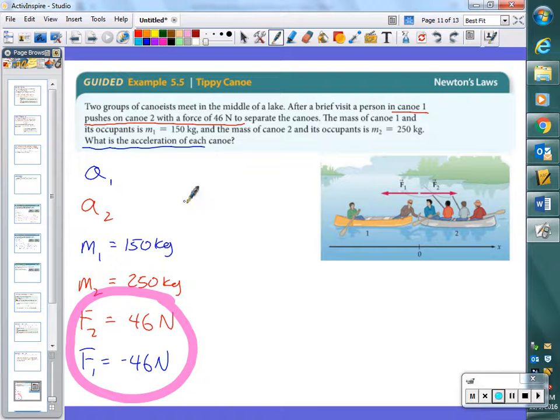So we apply Newton's second law to each canoe individually. We know the force that's acting on each canoe. We know the mass of each canoe, so we can figure out the acceleration of each canoe individually. All right? So go ahead and do that real quick.